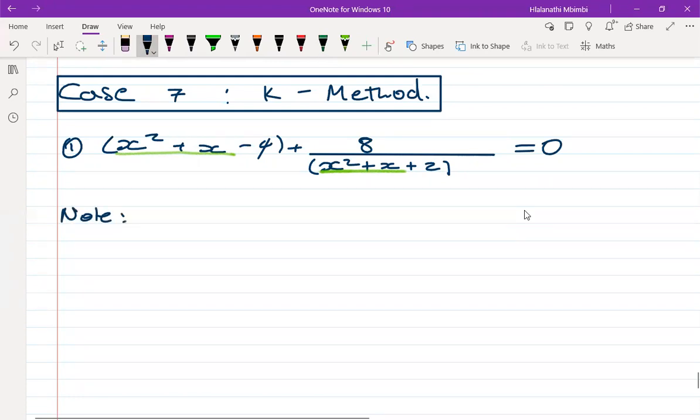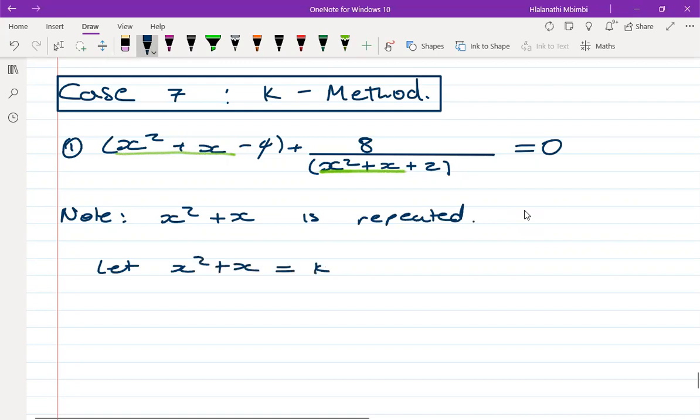I want you to note the following: x squared plus x is repeated. So if that is repeated, you can say let x squared plus x be equal to k. And look at how your expression simplifies. It's now going to be k minus 4 is equal to 8 over k plus 2.